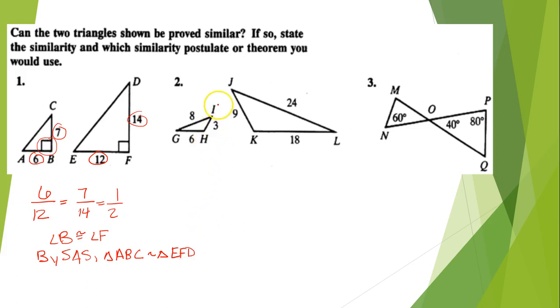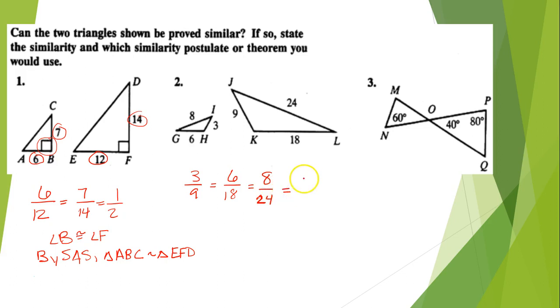So let's look at this one. Okay, all side measurements are given in each of the triangles. So we're going to try to prove these two triangles similar by side, side, side. So let's set up their proportionalities. Okay, smallest side, smallest side. So 3 over 9. Is that equal to, next to the smallest side, 6 over 18? And is that equal to 8 over 24? And the answer to that would be yes.